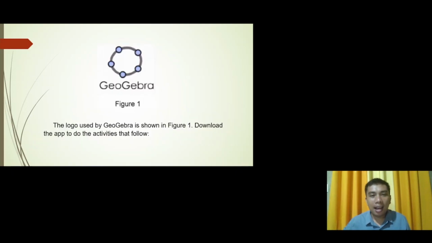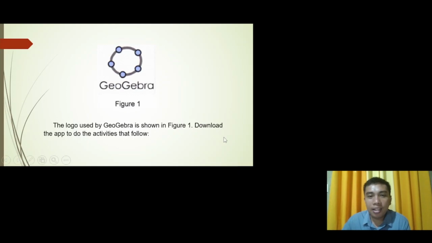These software programs can be used to supplement traditional teaching methods and can benefit students by providing them with a variety of ways to interact with mathematical concepts. So this is the logo of GeoGebra. When you see that logo, that is GeoGebra. This is a software and it will make your graph. You can graph a certain function using GeoGebra easily.